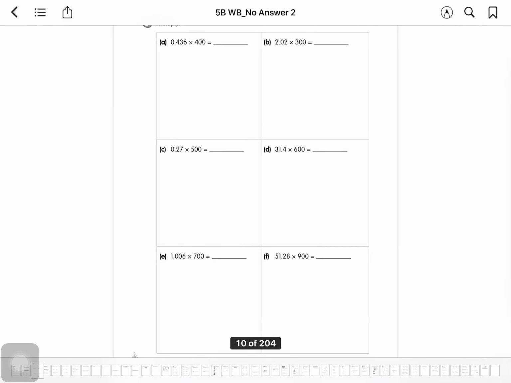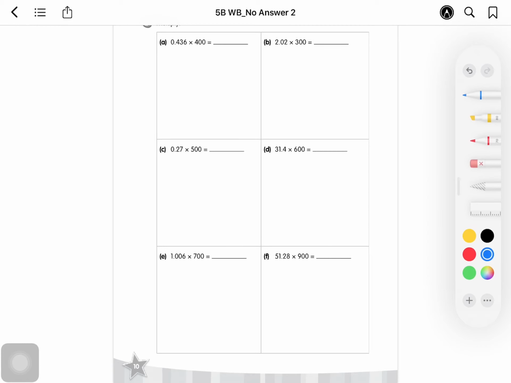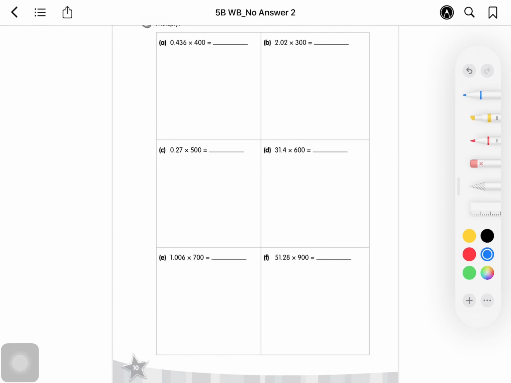The next page, page 10, is multiply by hundreds. For hundreds, you move 2 place values to the right. So how am I going to present my answer?